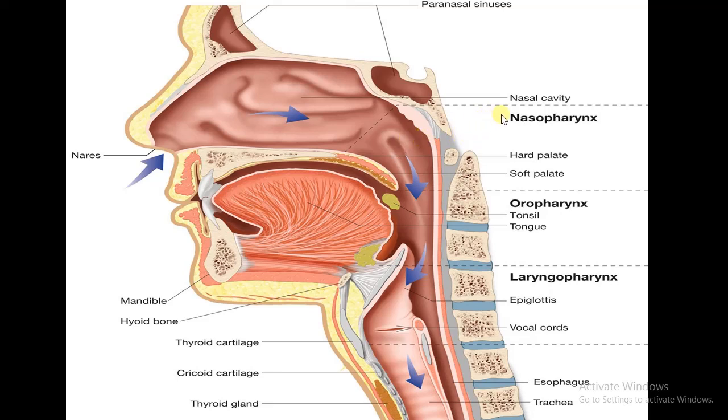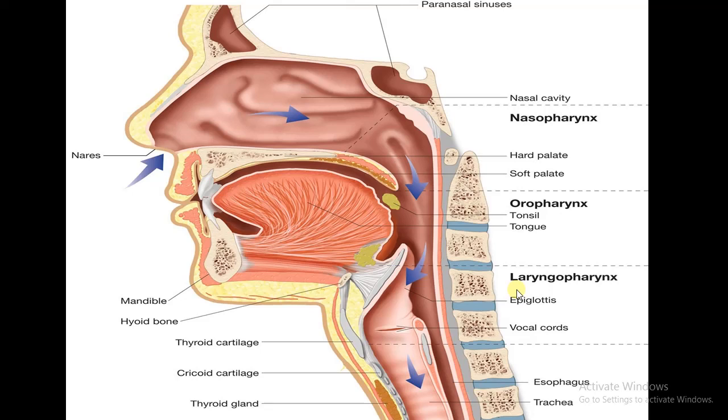The part of the pharynx which lies behind the nose is the nasopharynx. The part of the pharynx that lies behind the oral cavity is known as the oropharynx, and the part which is behind the larynx or adjacent to the larynx is called the laryngopharynx.